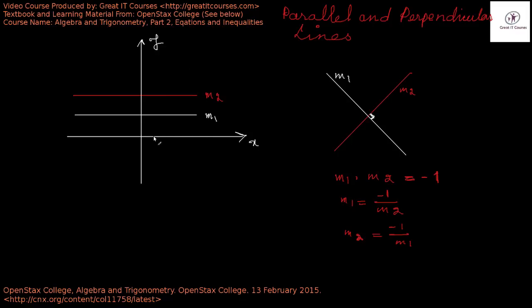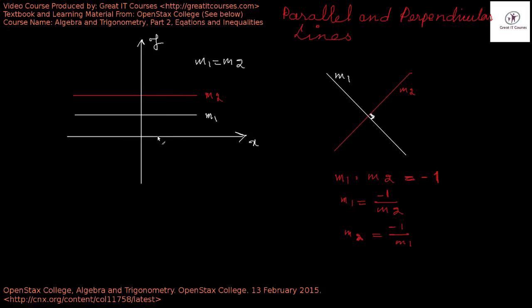You can see that these two lines are parallel, m1 is equal to m2, and as you can see they have the exact same slopes. The only difference is that they have different y-intercepts. This line cuts the y-axis at a different point than this one.